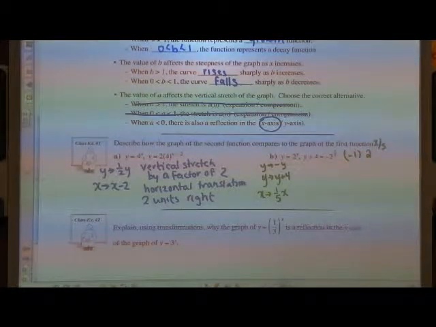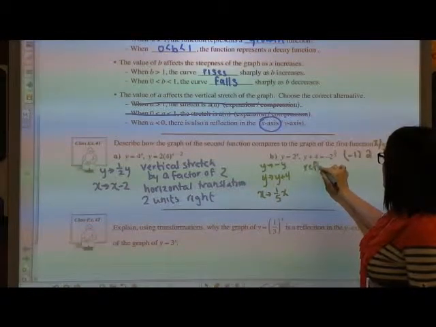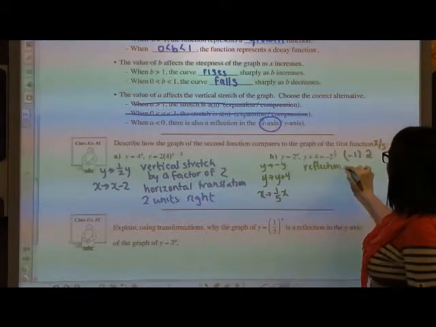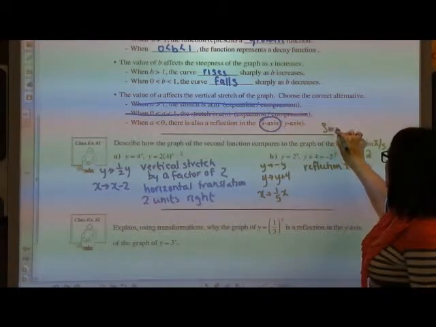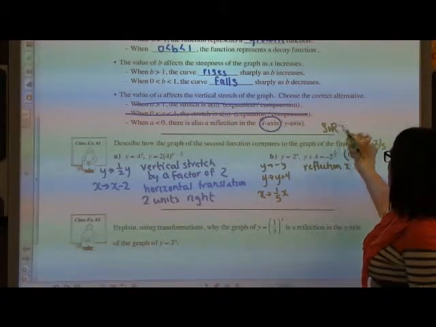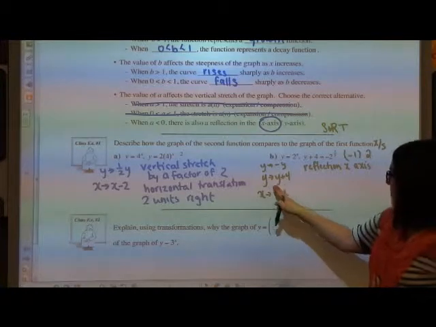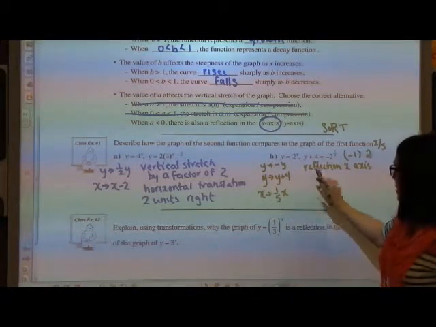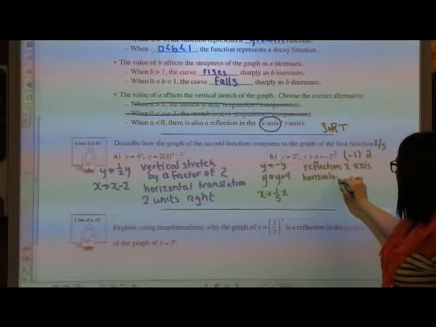So replacing y with a -y becomes a reflection in the x-axis. Remember our sort. We stretch or reflect and translate last. So I can do my reflection in the x-axis. This right here is a horizontal stretch.